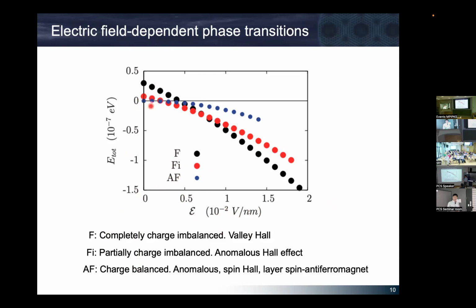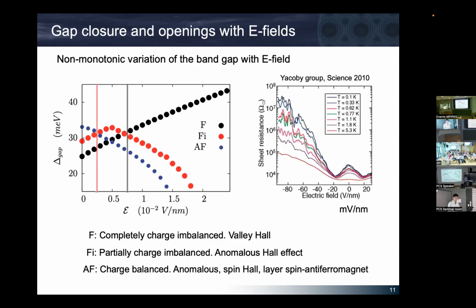But then the moment we start adding an electric field, we should end up favoring the completely charge imbalanced valley-Hall phase and some ferroelectric phase somewhere in between. This is the same analysis, but here we're representing the band gap as a function of electric field.